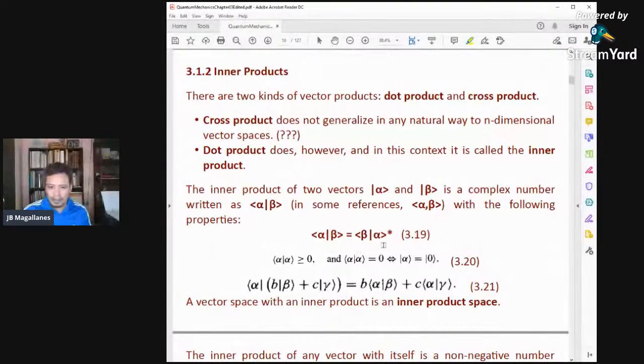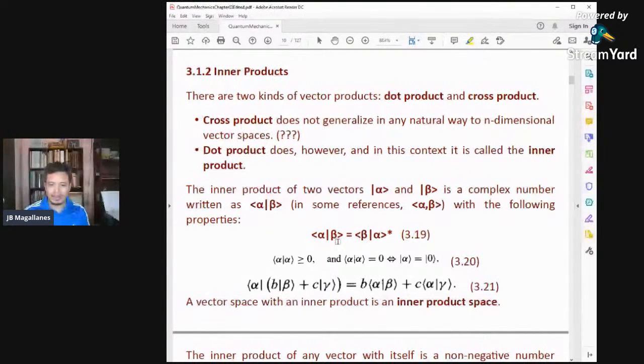So when you interchange the order of the inner product, if you put beta ahead of alpha, then that would have to be operated with a conjugate.